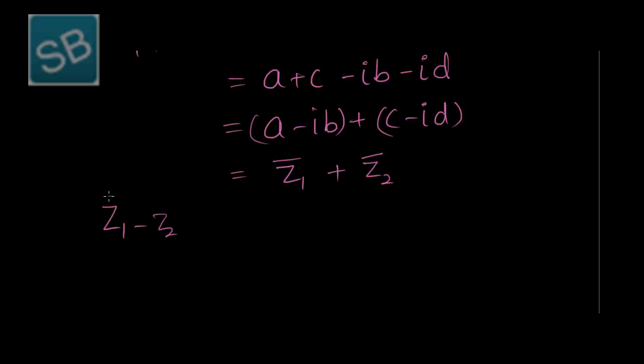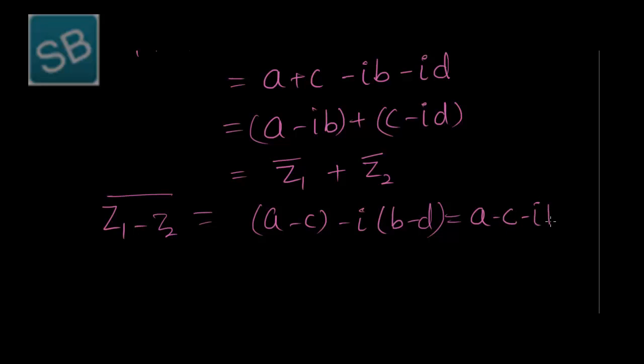Now taking the minus sign, z1 minus z2 whole bar, that is a minus c. Now changing iota to minus iota, it is b minus d. It gives a minus c minus iota b plus iota d. So it gives a minus iota b, and next minus c plus iota d, that is minus is common in the bracket, c minus iota d.